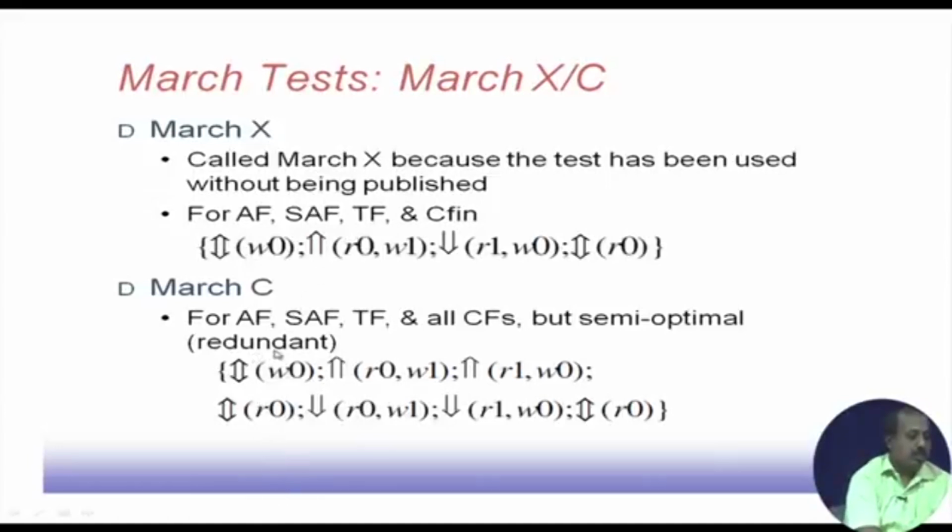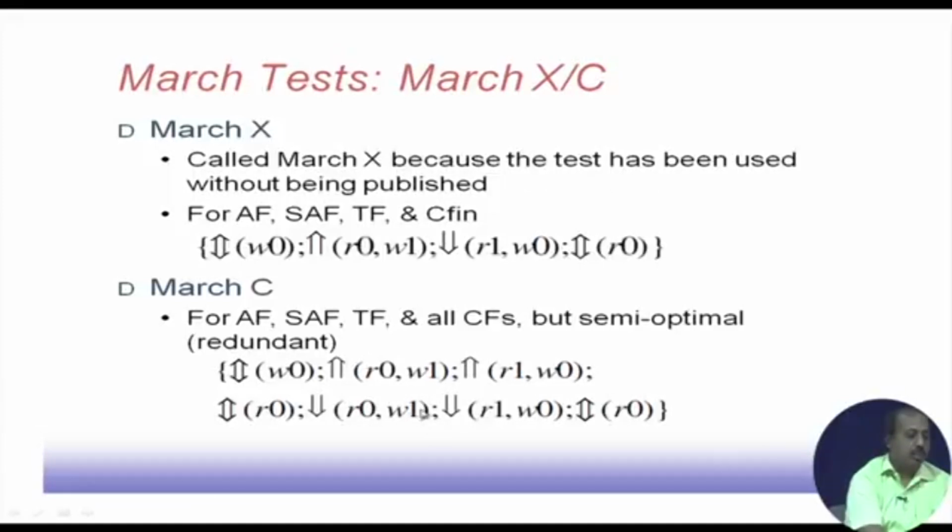In the March C algorithm, the proposed sequence is like this: first write 0, then read 0, write 1, then read 1, write 0, then read 0, write 1, etc. This is again good for address fault, stuck-at fault, transition fault and coupling faults, but it is semi-optimal because some of these operations can be removed.